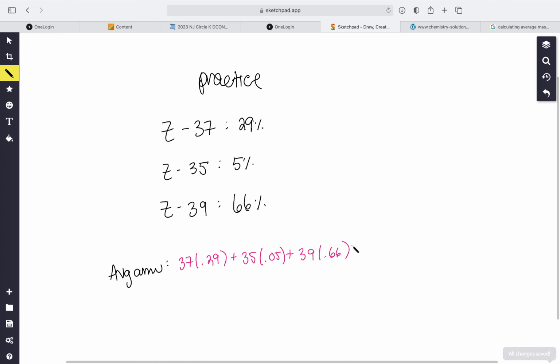So I'll put that into my calculator. 37 times 0.29 plus 35 times 0.05 plus 39 times 0.66. Cool, so what we get as an answer here is 38.22 atomic mass units. And that would be our answer right there.